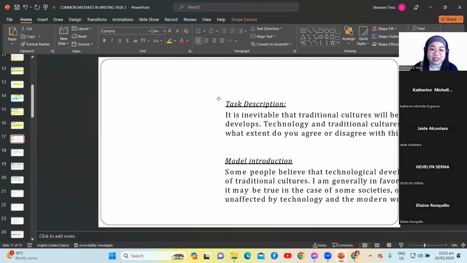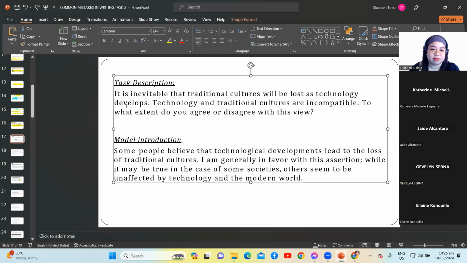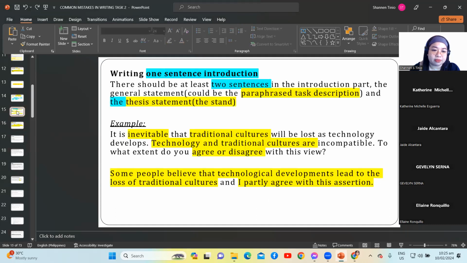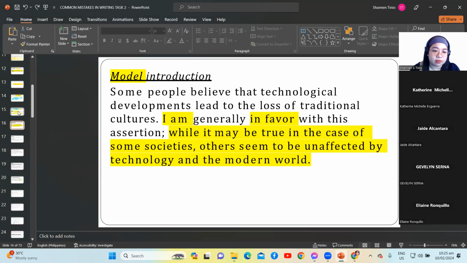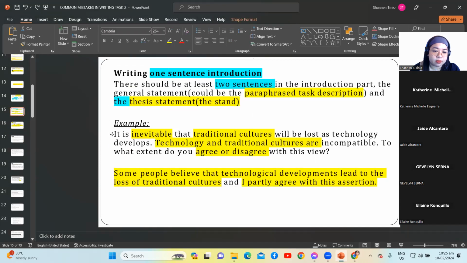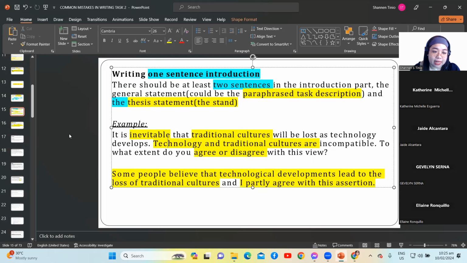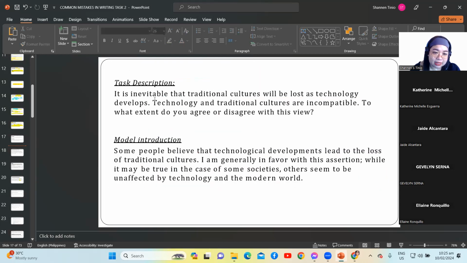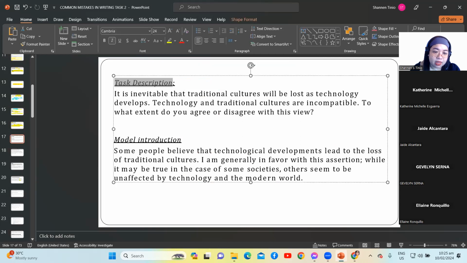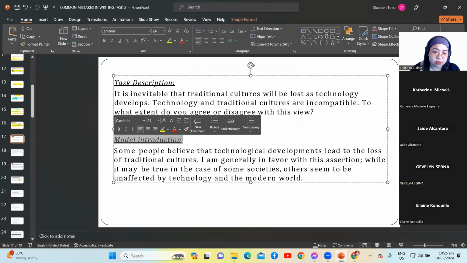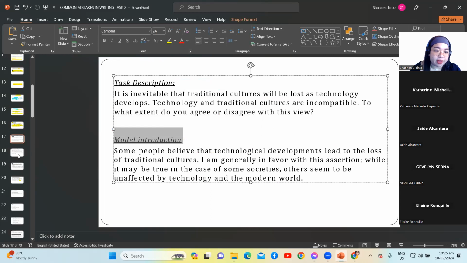Okay, yun na rin yun. Ito yung kanina, guys. Ito rin yun. Example ng task. So this is the task. And this is the model introduction.